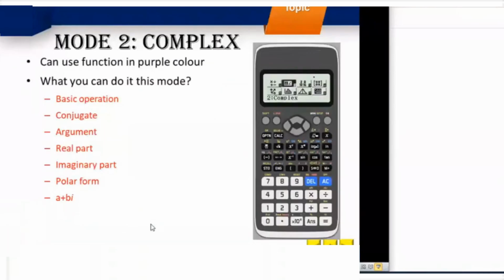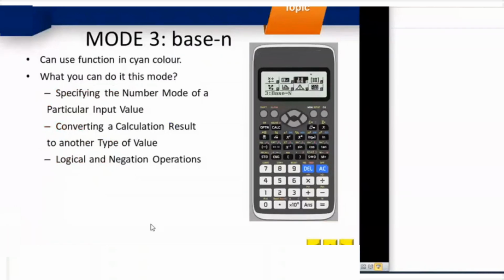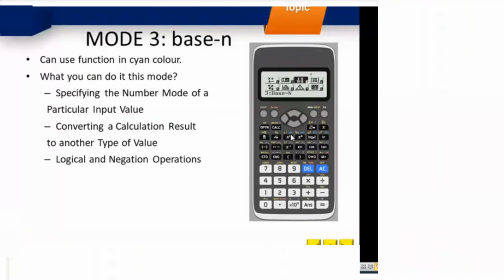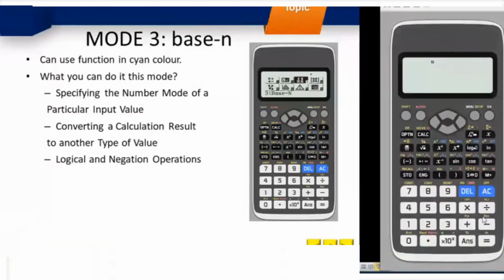Mode 2 is complex numbers. What we can do, we can find basic operations, conjugate, argument, real part, imaginary part, polar form, and rectangular form. In base n mode, we can use the functions in cyan color. Someone asked me in the previous episode, how can we use these buttons in the calculator which are written in blue on top, DEC, HEX, binary, octal.